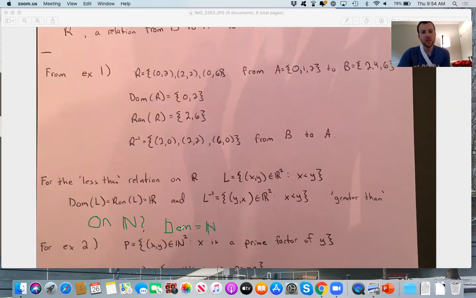Why is this? Given any natural number, it is less than something. So given any natural number n, you could say the pair (n, n+1) appears in the relation.